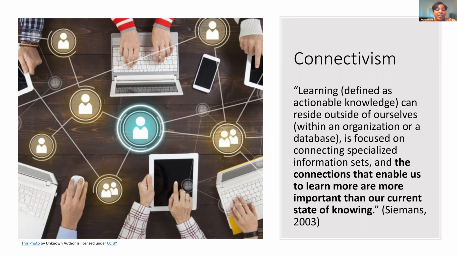When we're talking about an organization or database, we're actually talking about a technology, and it is focused on connecting specialized information sets. And the connections that enable us to learn are more important than our current state of knowing. So basically, we're being empowered to learn more, not only through our connections, but by being connected through technology.